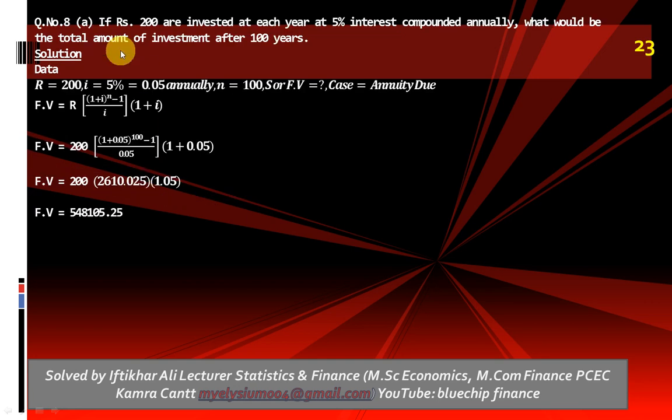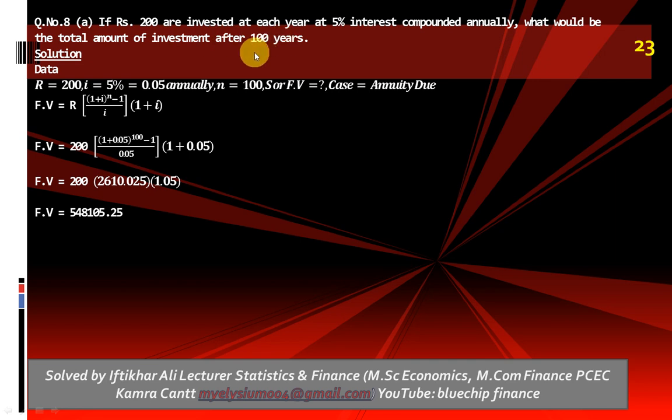Question number 8, part A: if rupees 200 are invested each year, so it is the case of annuity, because there are multiple payments invested each year at 5% interest compounded annually. What would be the total amount of investment after 100 years?